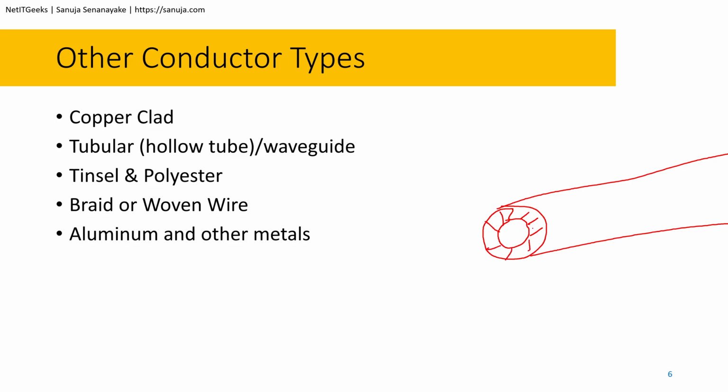So it's empty. What the tubular or hollow waveguide wires are doing is using what we call the surface effect. Even in a solid copper wire, the data actually travels on the outside of the wire, not inside the wire, right? I will go into depth on those in a separate lecture. For now, without going into the technical details of why, we use tubular wires so the wave will travel in this empty space, bumping against the tubular structure shown here.